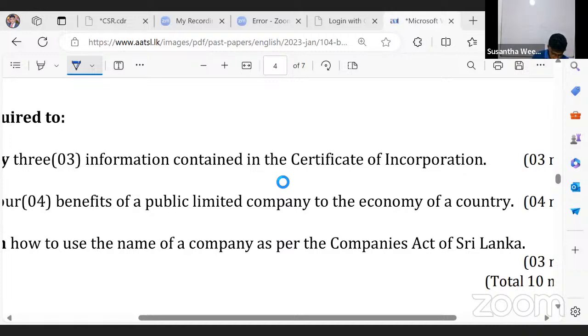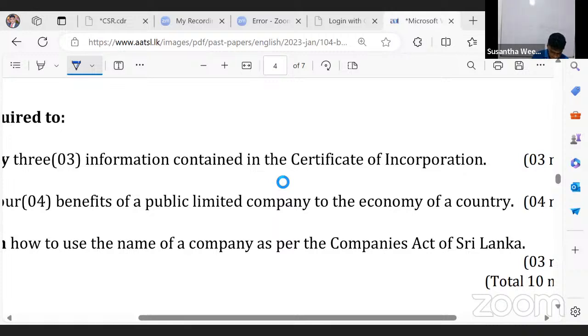What company is this? The liability of the company, whether limited liability or unlimited liability, or limited by guarantee. That's to be indicated, right?